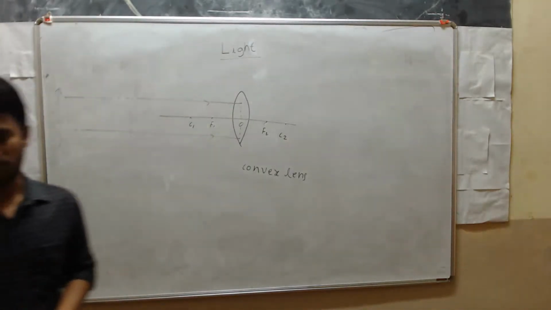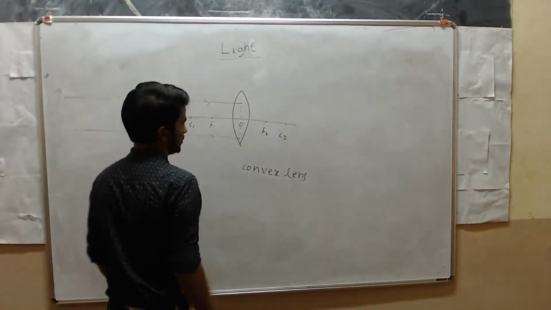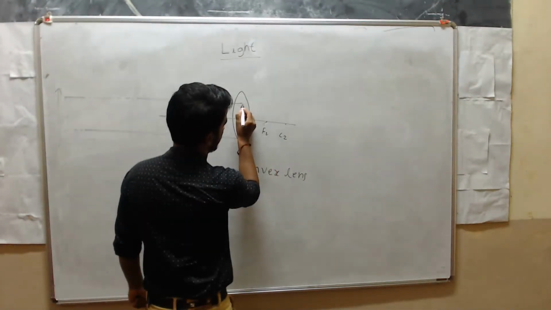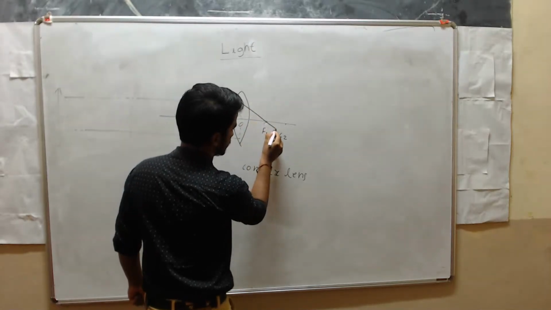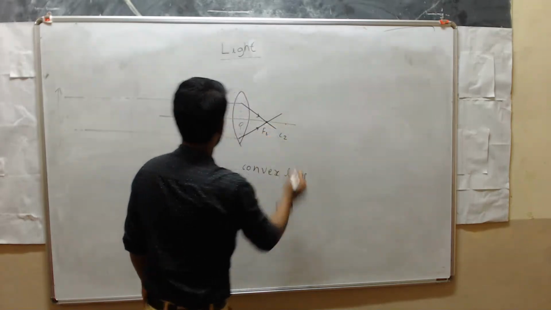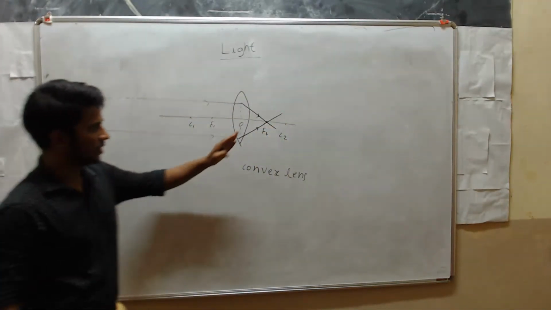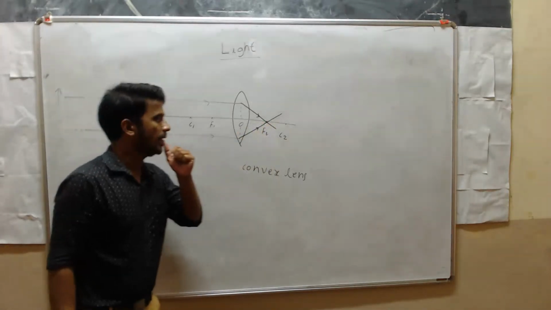After refraction, both the rays meet at or pass through F2. So here the position of the object is at infinity and the position of the image is at F2.